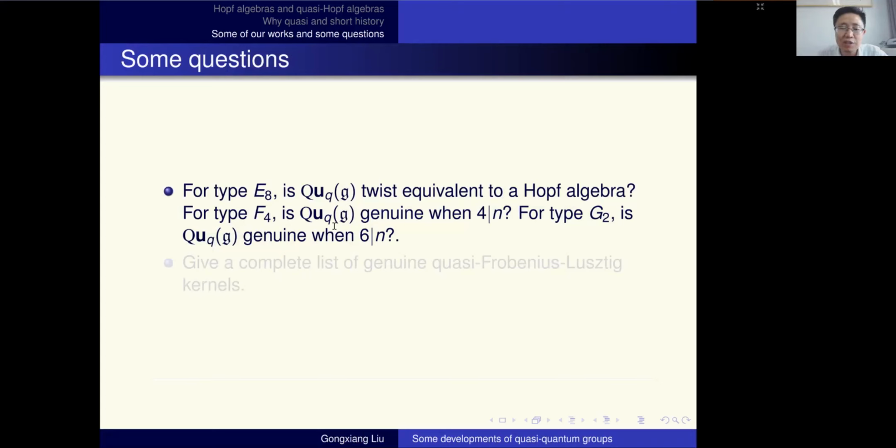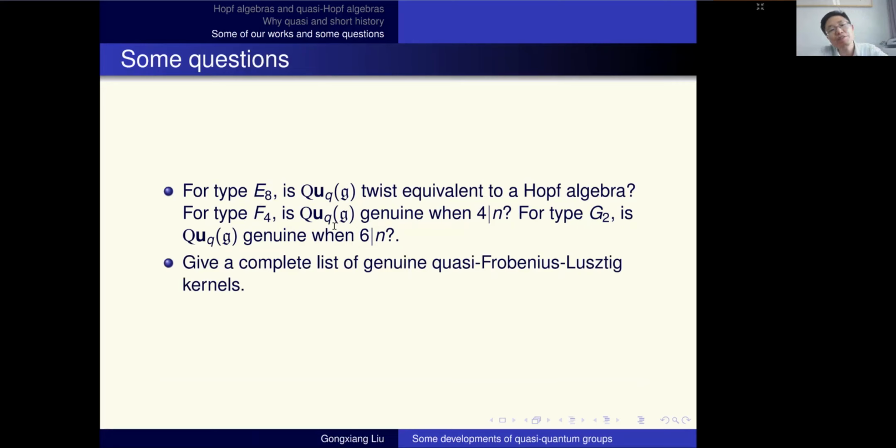So it is always twist equivalent to a Hopf algebra. For type F4, I guess a sufficient condition. And for type G2, okay, this also gives a sufficient condition.